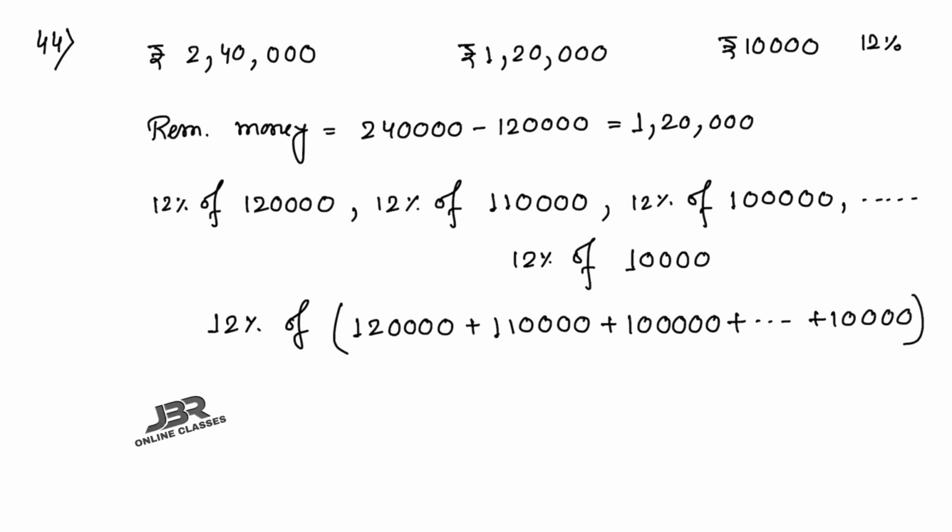Clear? So now you have to find out the value of that one, that AP series, and in that case here the first term A equal to 1,20,000, D equal to 10,000, the difference between them.